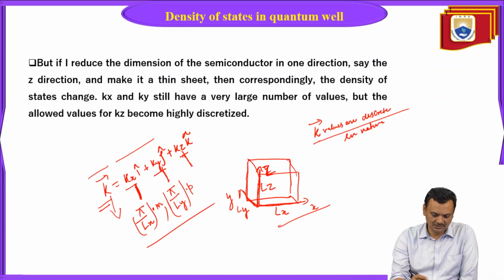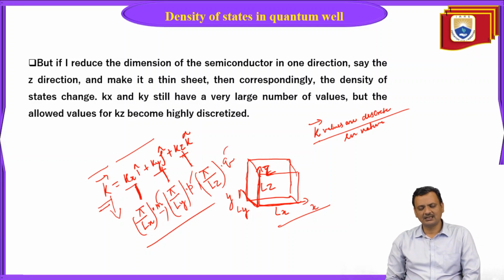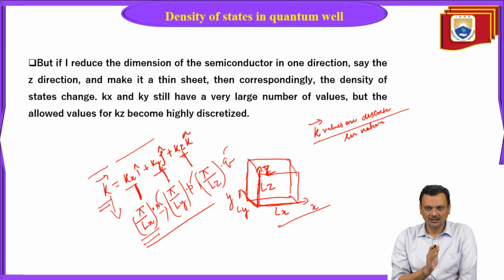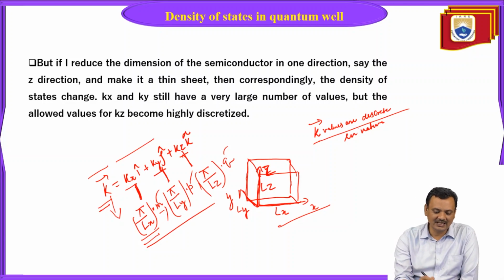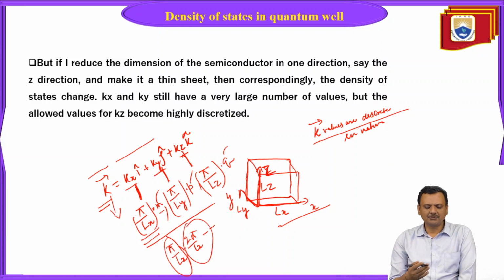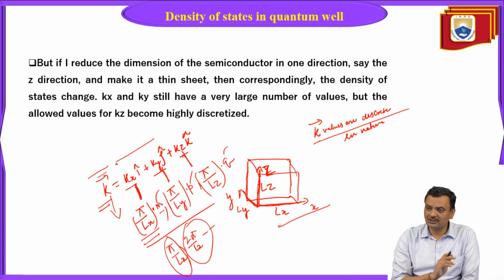And what are these values? kx will be pi upon lx multiplied by m, pi upon ly multiplied by p, pi upon lz multiplied by q, where m, p, q are all integers. So if m is equal to 1, the least possible value of kx in the x direction will be pi upon lx. Then the next value will be 2 pi upon lx, like that. So these are discrete values, which means k will also be discrete in nature.